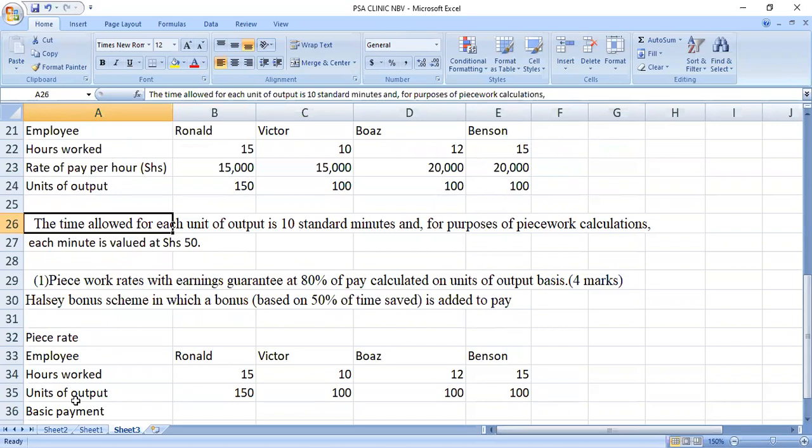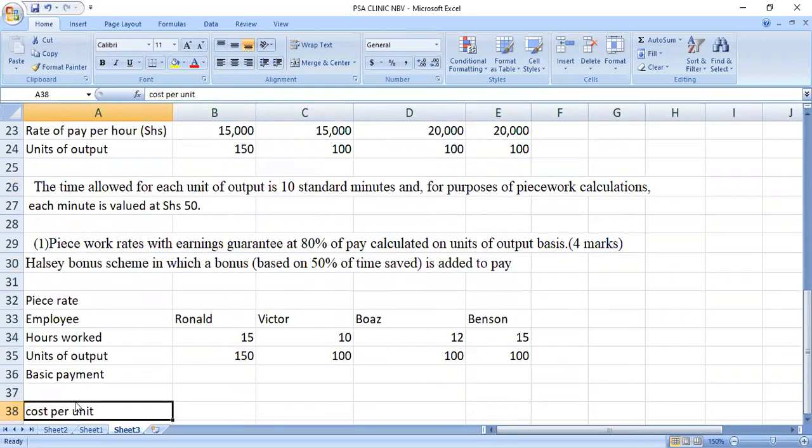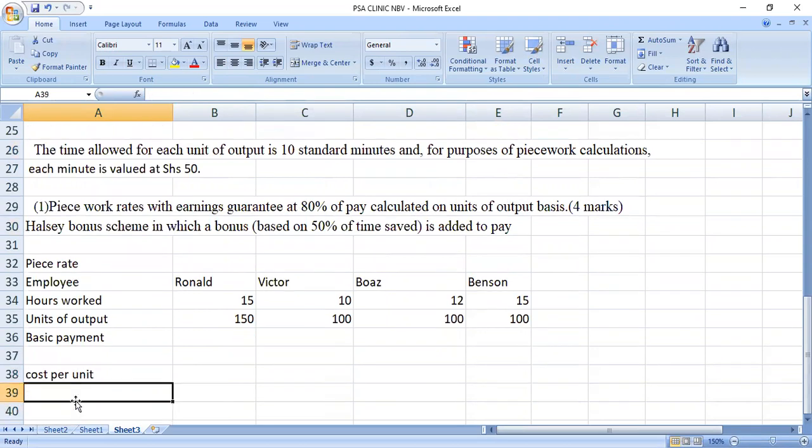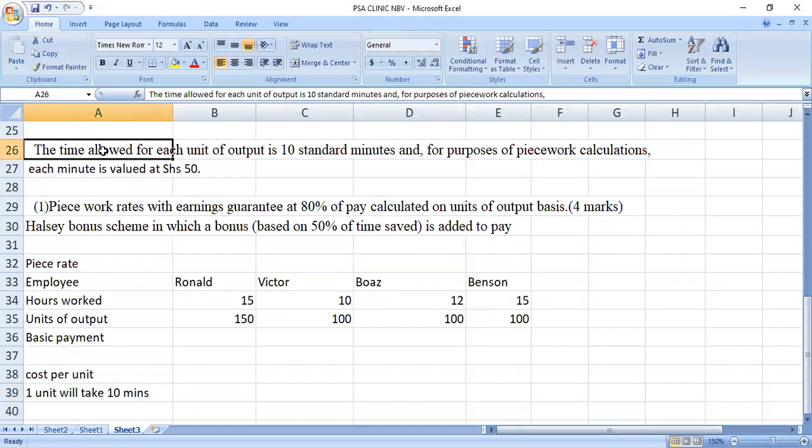So what does that mean? It means that one unit like this should take 10 minutes, from this statement, that one unit that you produce should take you 10 minutes.